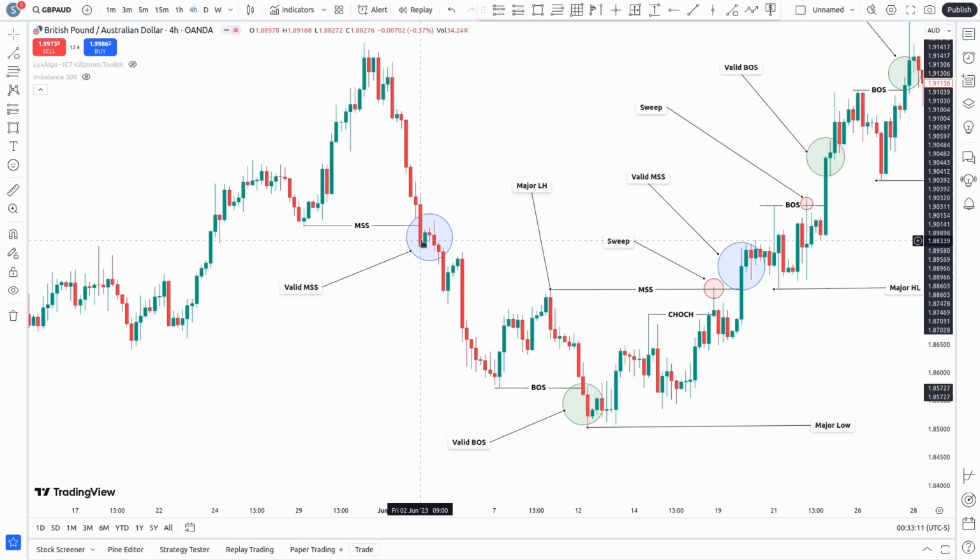It breaks this point, then you can see from the second candle, though it was a bullish candle, this candle did not close above here.